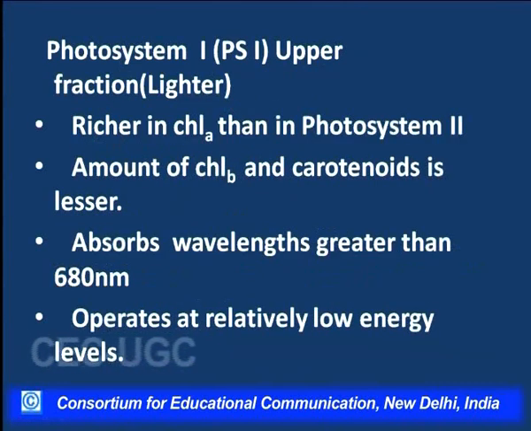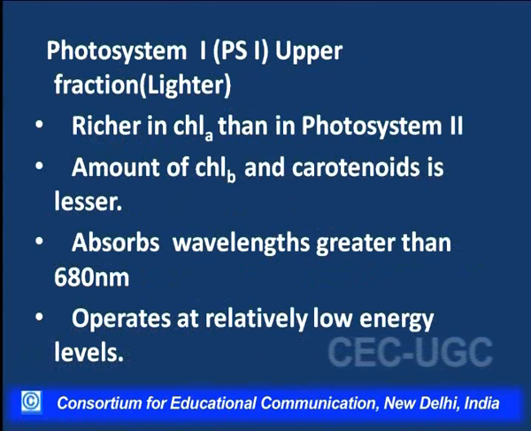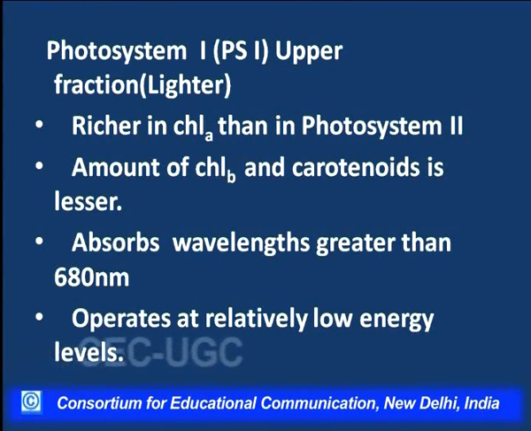The PS1, as we said, is the upper fraction, and if we compare its chlorophyll A content, we find that the proportion of chlorophyll A is more as compared to that in photosystem 2.